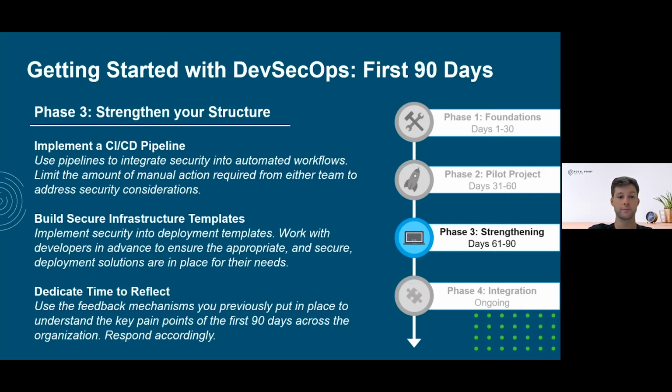So if your team's deploying from a container registry, make sure that you have the appropriate security controls in place and the appropriate security hardening on the containers in that registry. So that way, these developers don't even need to make a conscious effort to deploy securely. They just deploy securely by default because security has put in that legwork ahead of time to ensure that everything in that registry is secure.